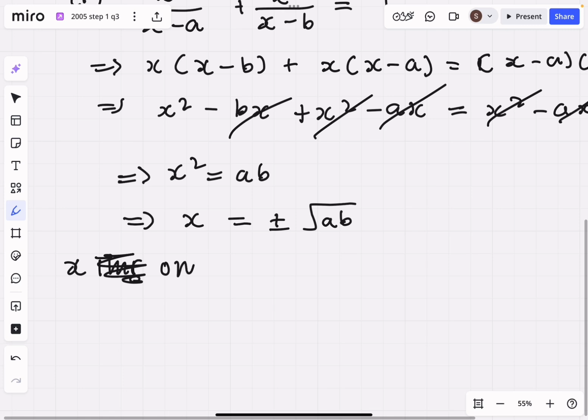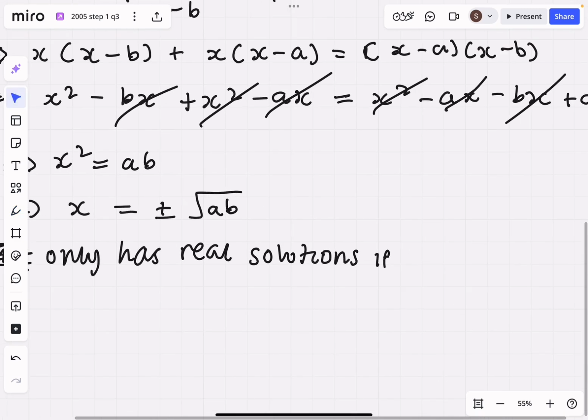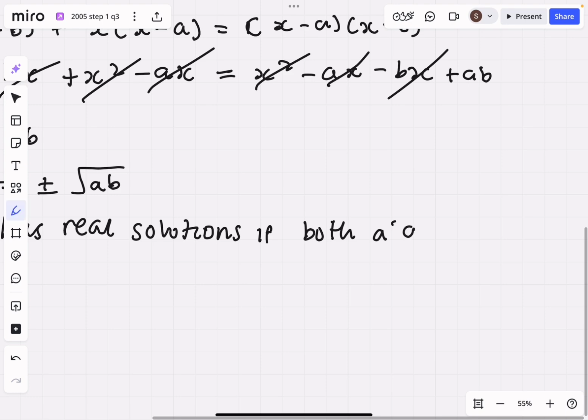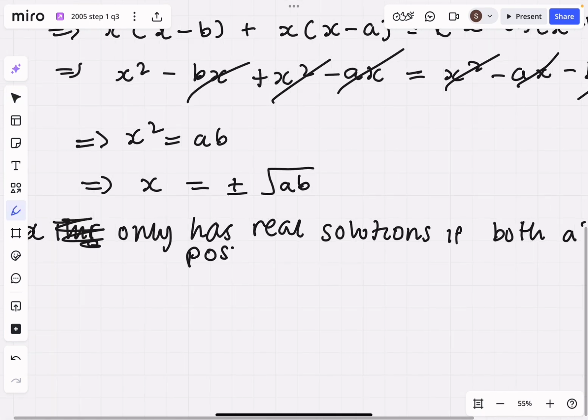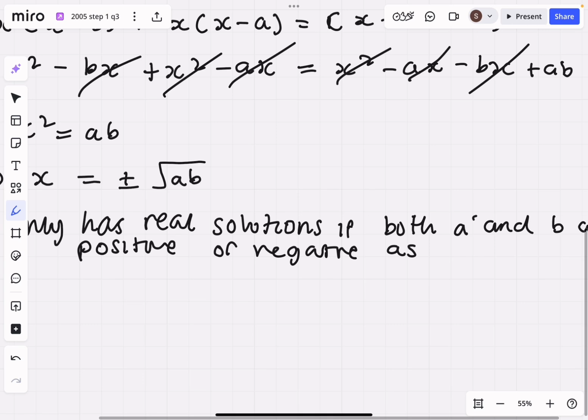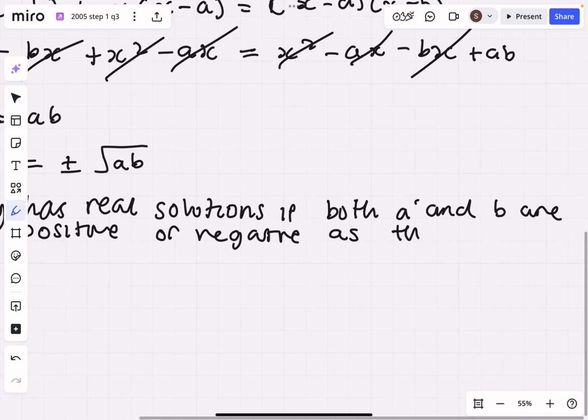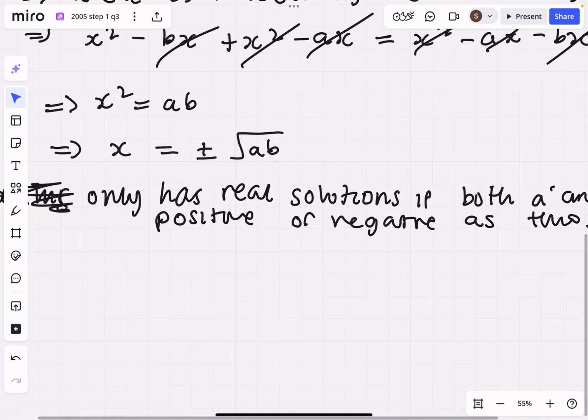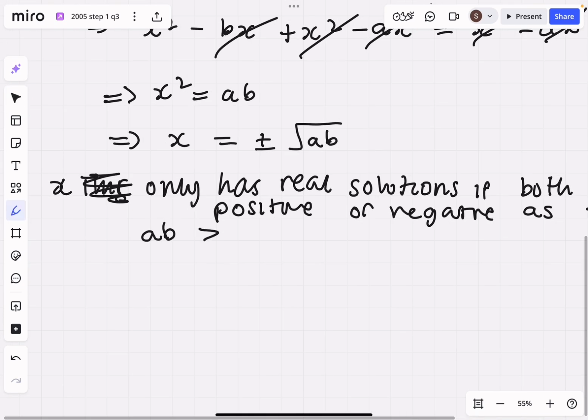and x only has real solutions if a and b are both positive or both negative, as those imply ab greater than 0.